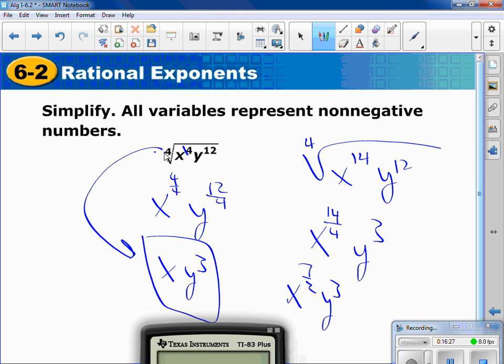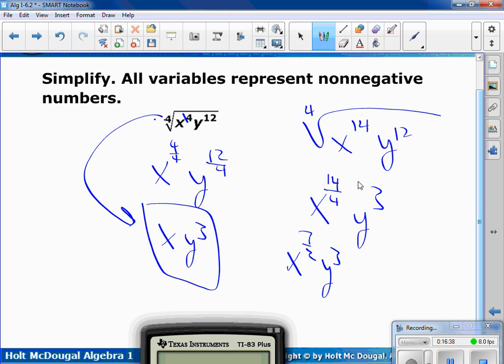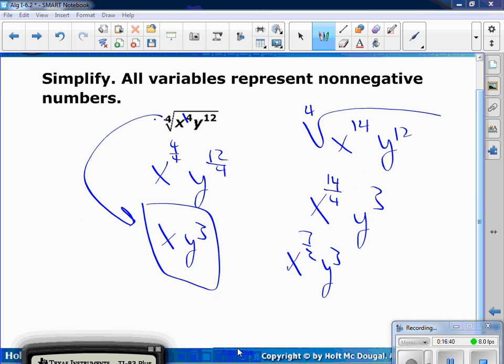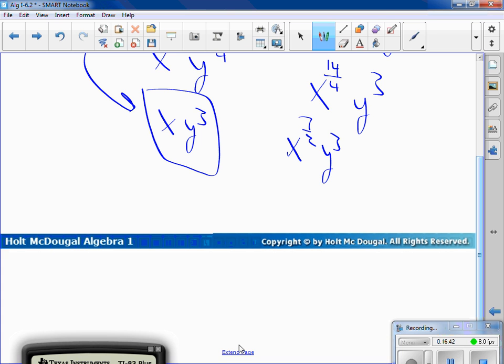You can have this answer, or I could change this into radicals. What does 7 halves mean? What this means is square root x to the 7th.